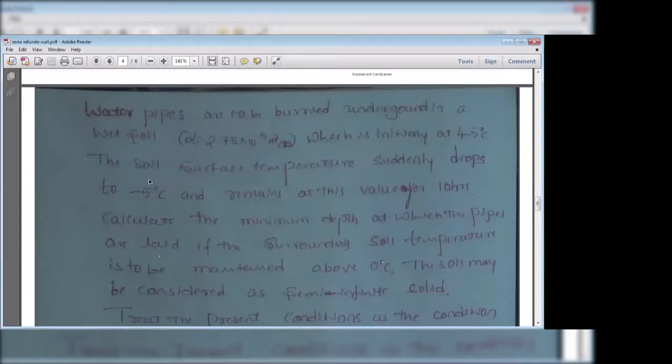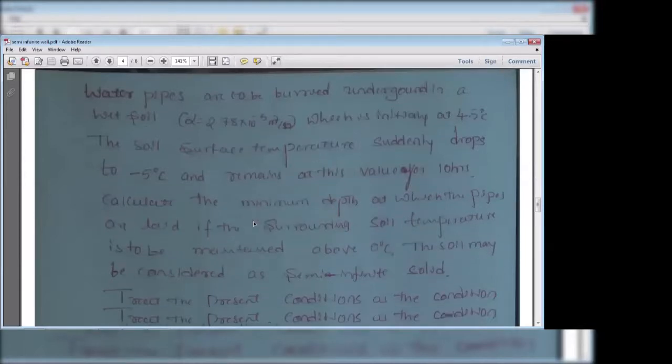Because the surface has already dropped to minus 5 degrees Celsius. So the soil surface temperature suddenly drops to minus 5 degrees Celsius and remains at this value for 10 hours. You need to calculate the minimum depth x at which the pipes are laid if the surrounding soil temperature is to be maintained above 0 degrees Celsius.